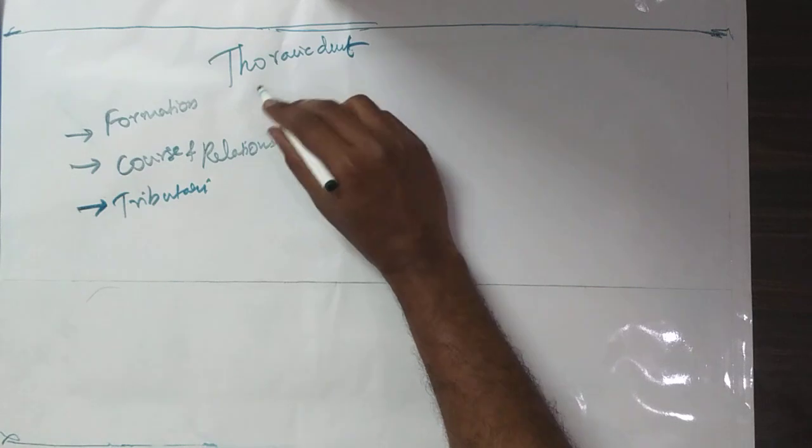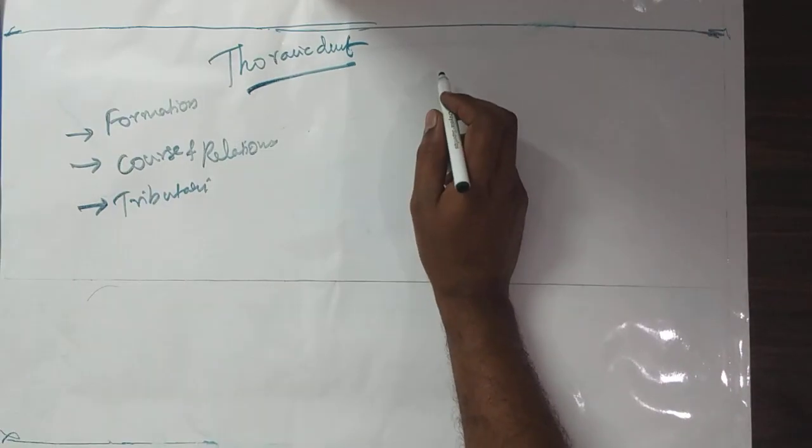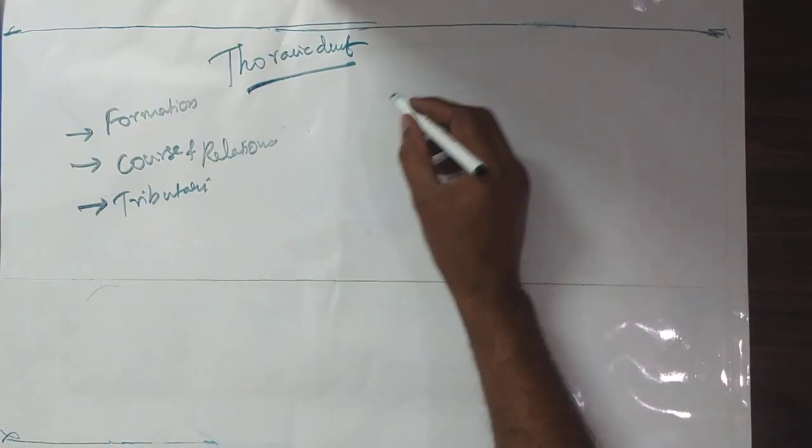Basically, what is this thoracic duct? This thoracic duct is concerned with the lymphatic drainage of the body except our right head and neck and the right upper limb.